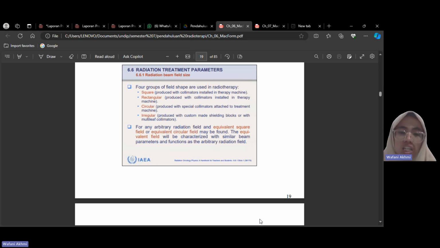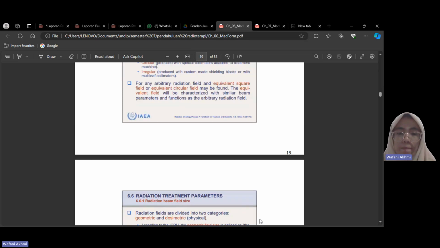For any arbitrary radiation field, an equivalent square field and equivalent circular field may be found. The equivalent field will be characterized with the same beam parameters and function as the arbitrary radiation field.